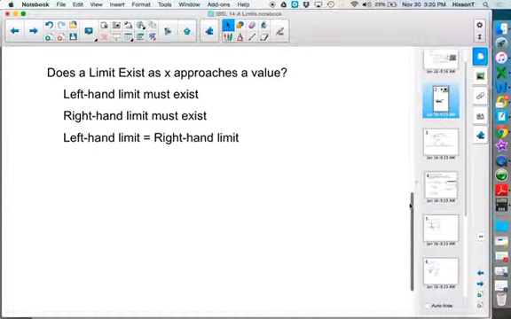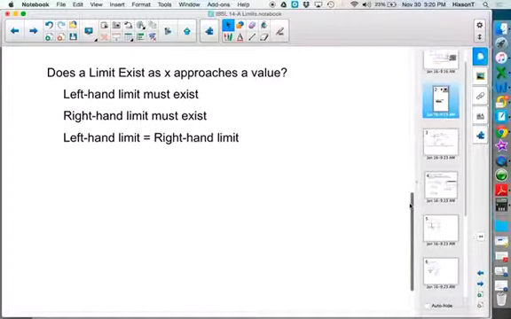First of all, the left-hand limit must exist. We have to be approaching something as we come from the left. Secondly, the right-hand limit has to exist. And then finally, the left and right-hand limits have to be equal. This is the part that the example we just looked at failed.